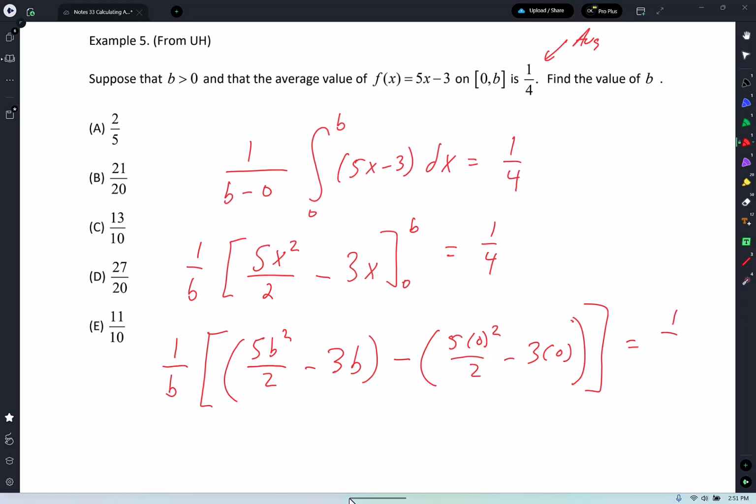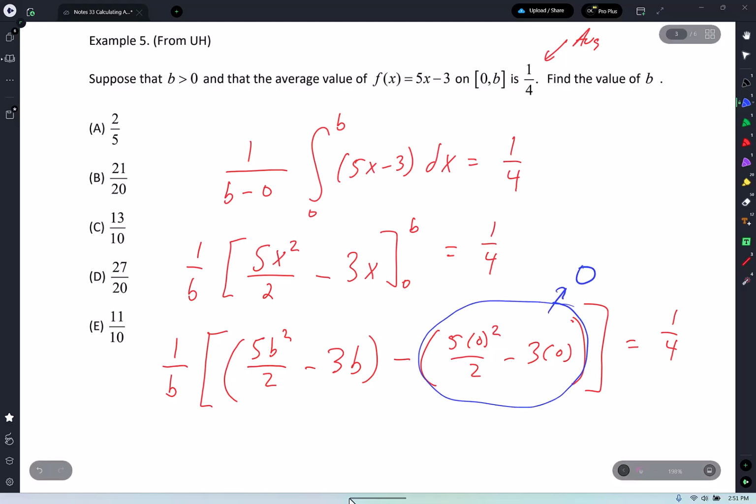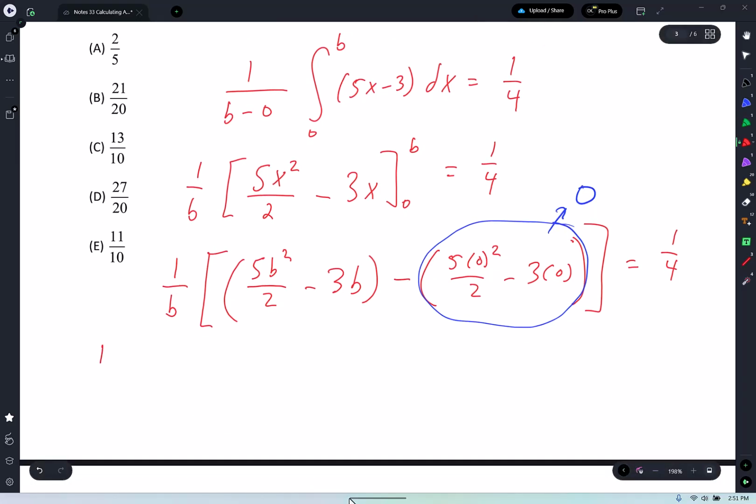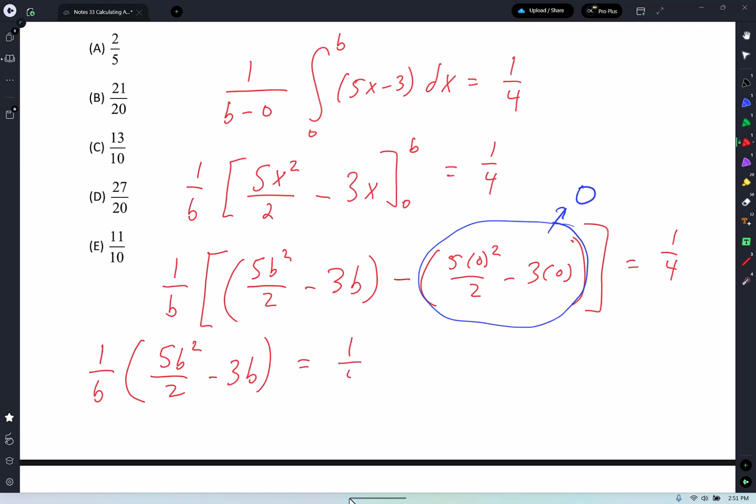All that still equals 1/4. This that I'm circling in blue, guys, is just 0. You didn't have to do that if you saw it. All right, here's what I have. 1 over b, giant parenthesis, 5b squared over 2 minus 3b, close, equals 1/4.